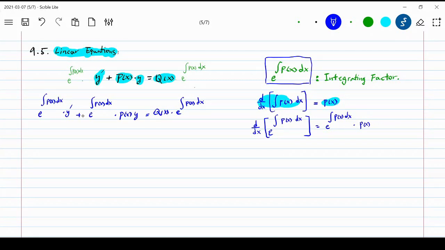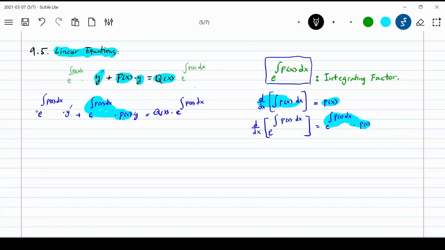Our main focus is on the left side. What is this term? As you notice, that is exactly what we got here, the derivative of the exponential.